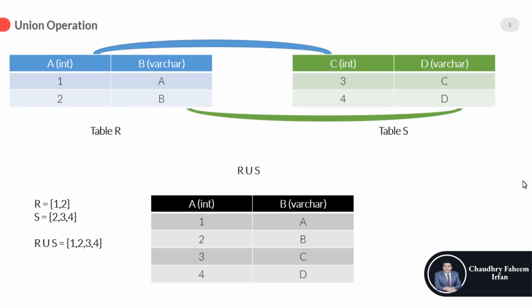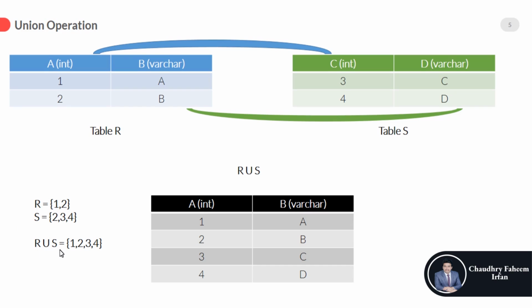So I have one question for you. Do you know about the projection operation? The answer must be yes, because our previous lecture was about projection. By using projection, we can make two relations union compatible. So look at the mathematical example: the R set is equal to 1, 2 and the S set is equal to 2, 3, 4.